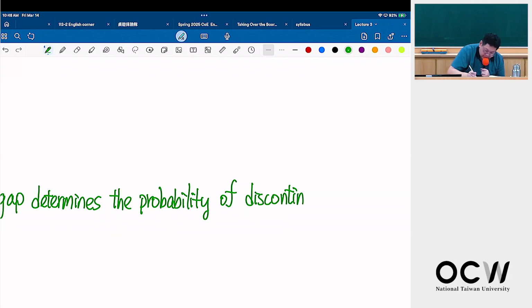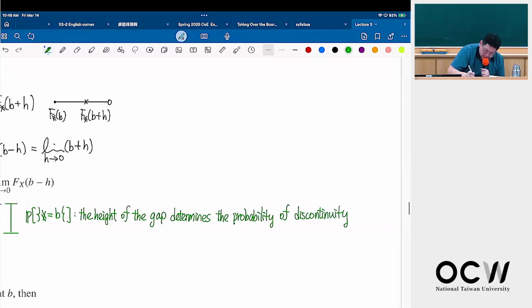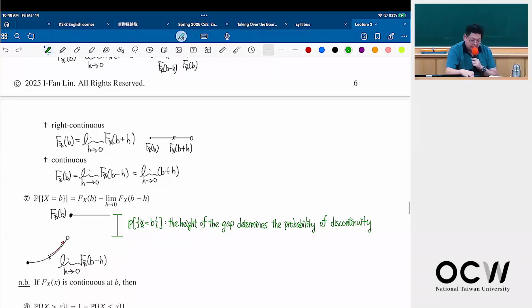Only when I have a discontinuity can I have the probability at that point. And that probability will be just the height of the gap.